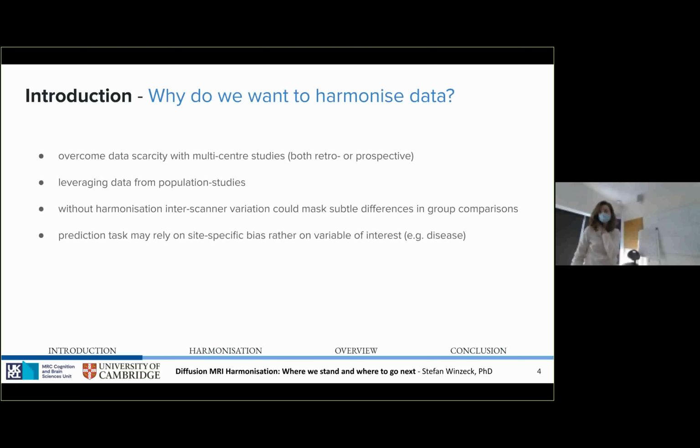Maybe you can just have a quick pause in between the slides and let me know if you see it. Do you see the slide, why do we want to harmonize data? At the moment, we're still looking at the slide with examples of sources of variation, and your boxes are just coming through very slowly.